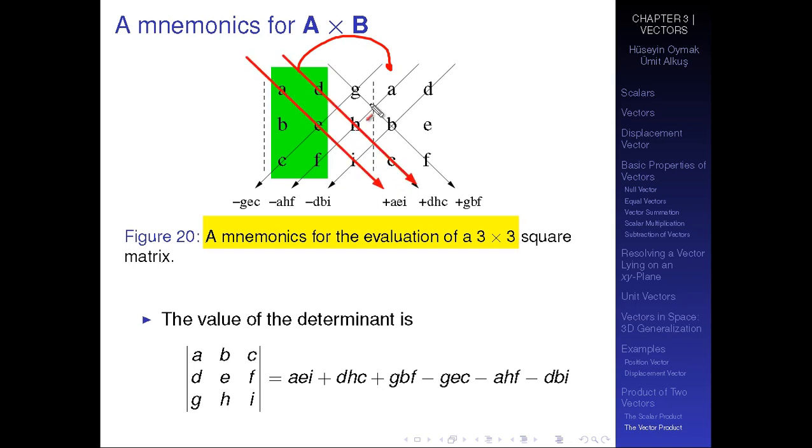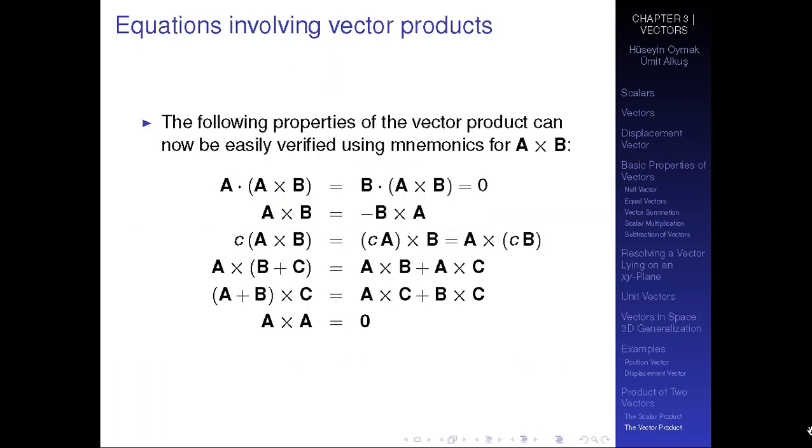It is A, E, I plus D, H, C plus G, B, F minus the sum of the products corresponding to the complete left diagonals. That is minus G, E, C minus A, H, F minus D, B, I. With the help of this mnemonic, it is no longer hard to deal with equations involving vector products.